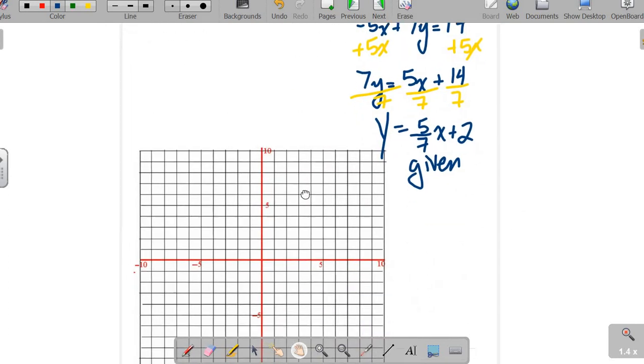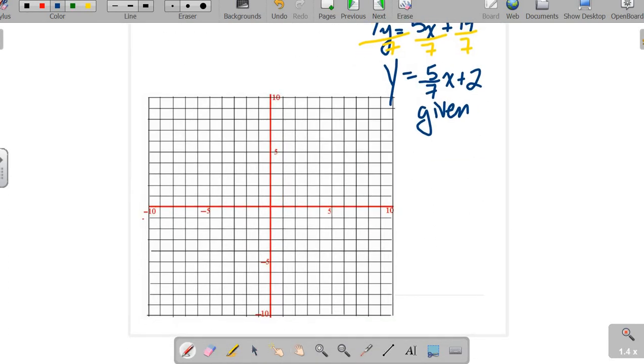Let's go ahead and graph that. Our intercept is 2. Our slope is 5/7. It's a positive line.